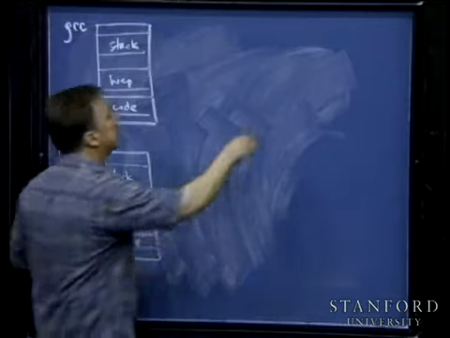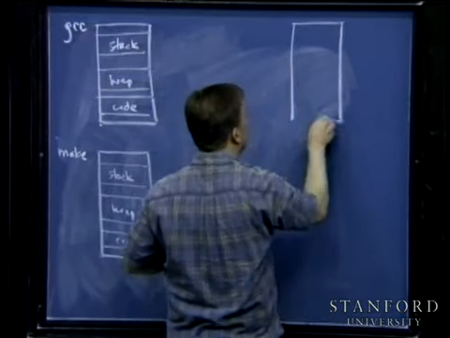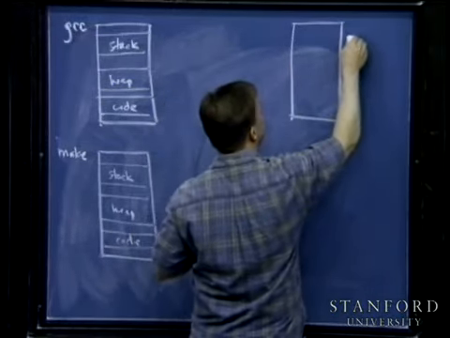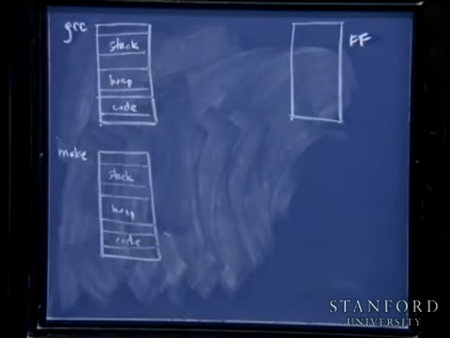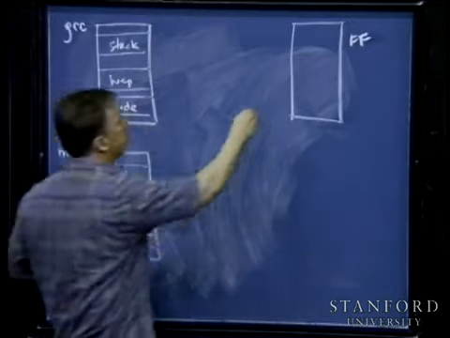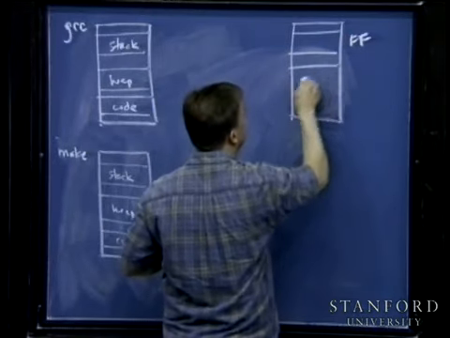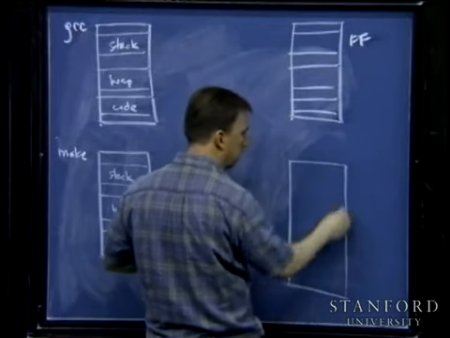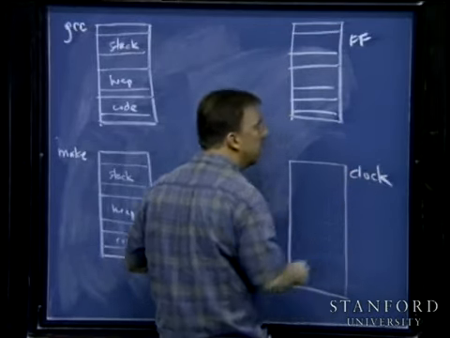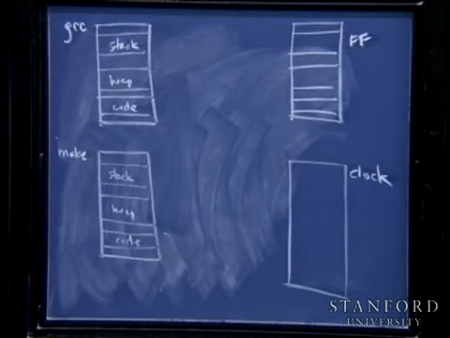Maybe it's the case that you have Firefox up and running on one of the Linux boxes, with the same picture, and then you have some other application like a clock, and it has the same exact picture.